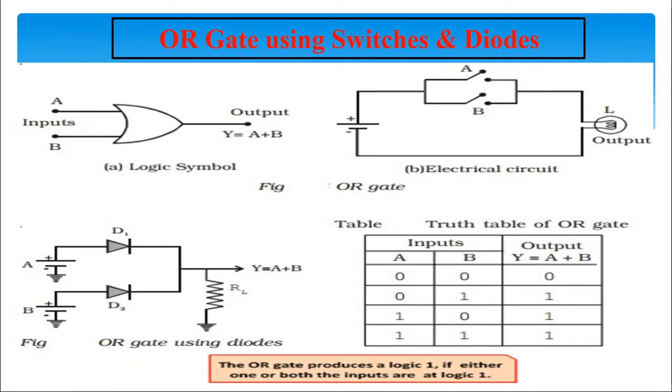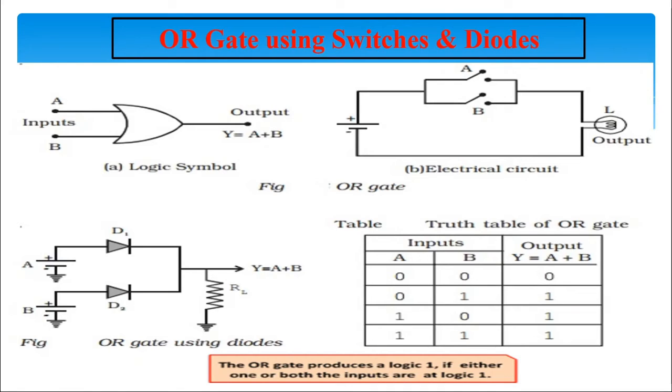Let us now consider an electronic circuit consisting of battery, switches, resistor, and lamp to explain the OR gate function.